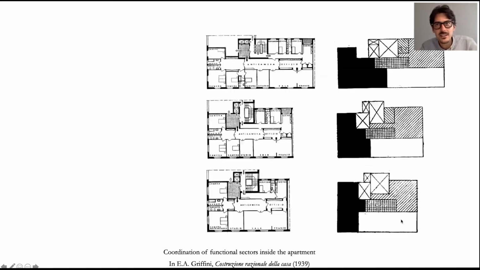And this is not only about footsteps, but also about groups of rooms, for instance. So here we see that these traces are nothing else than the surface occupied by different groups of rooms.